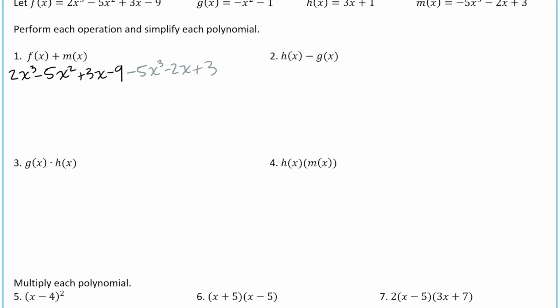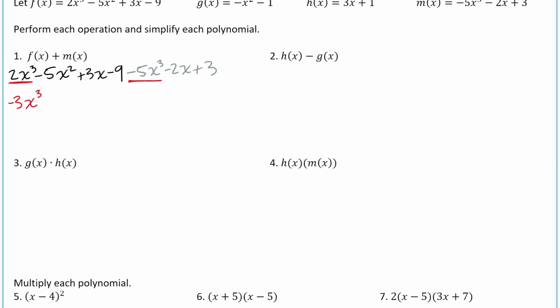I'm going to go ahead and find like terms. So those are terms that have the same variable with the same exponent. So x cubed terms, I've got 2x cubed up front, and then I have -5x cubed from m of x. So I'm going to combine the two of those. 2 minus 5, or 2 plus -5, is -3. So I have -3x cubed.